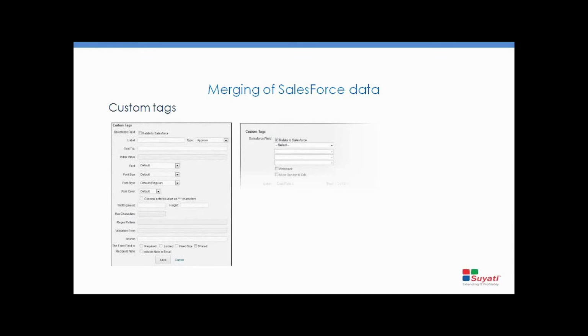What does this mean? In C# terminology, it's basically a variable. It gets tied to a particular SalesForce field. And if we place this custom tag inside an agreement, upon sending the envelope or the email to the customer, the data will be fetched from SalesForce.